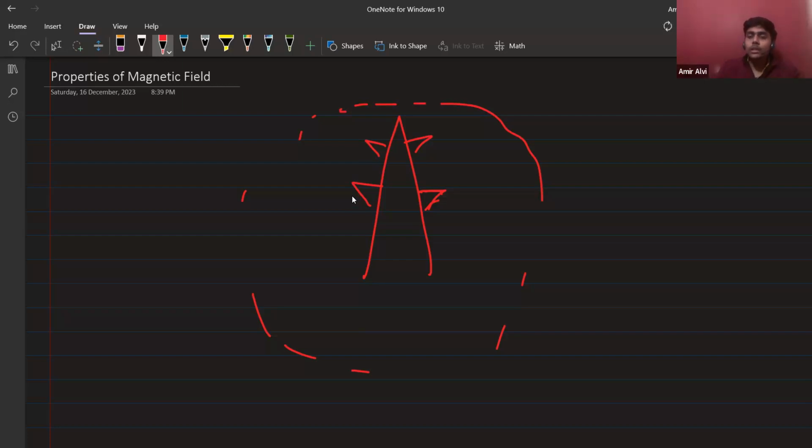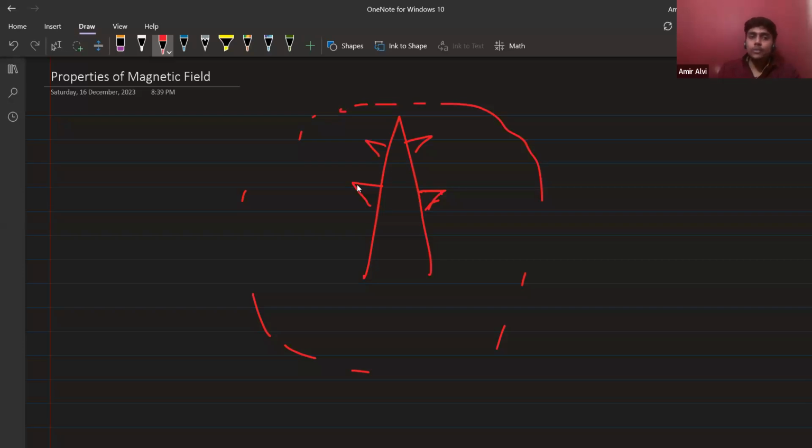Because the current is there, it introduces some magnetic field. Magnetic means it will act like a magnet. What does a magnet do? It attracts, obviously metal and all. Yes. Okay.